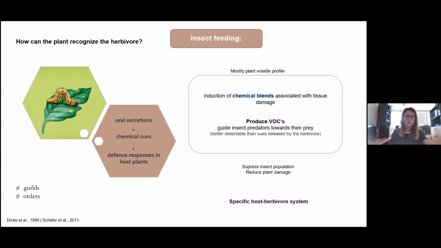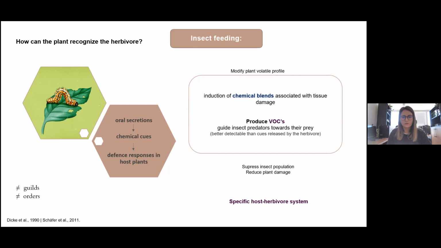Also, while feeding, the herbivores leave behind little chemical cues in their saliva. This can be used as a trait that the plant uses to recognize the herbivore. So we can say that insect feeding largely modifies plant volatile profiles and causes the induction of blends associated with tissue damage, and also that this production of volatiles can guide insect predators towards their prey.